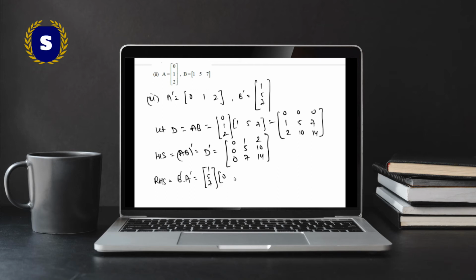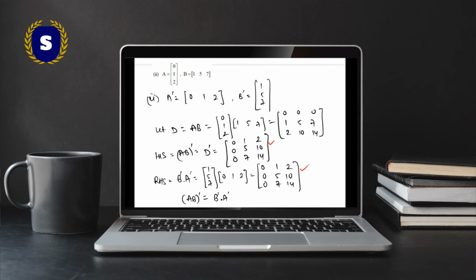That is equal to the product of these two matrices, which comes out to be 0, 1, 2, 0, 5, 10, 0, 7, 14. So we can see that these two matrices are equal, or we can say LHS is equal to RHS. Hence, we can write AB transpose is equal to B transpose A transpose. Hence proved.